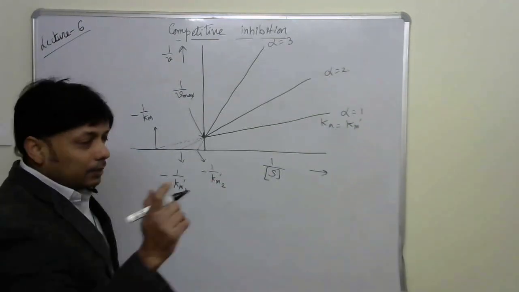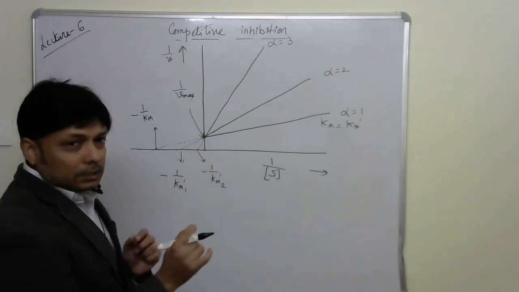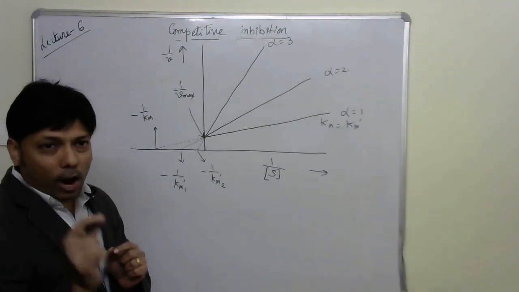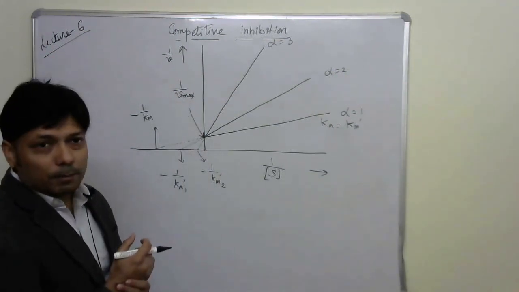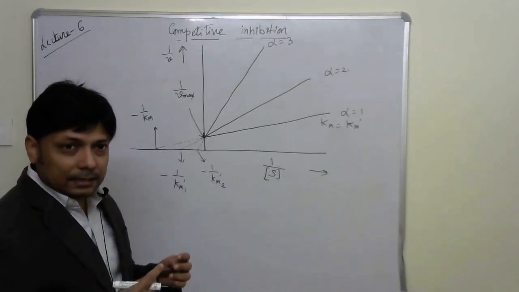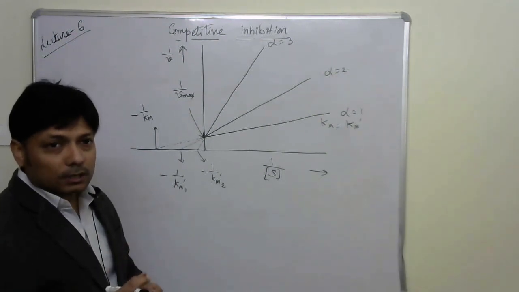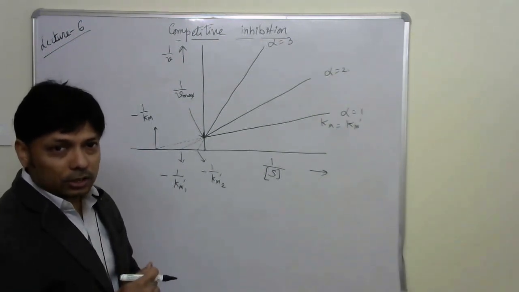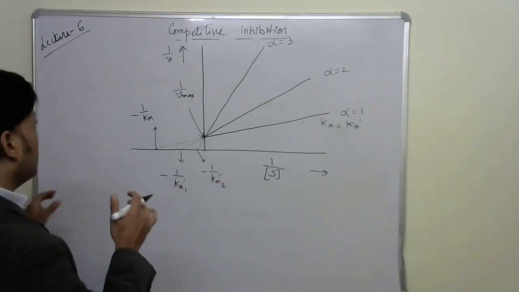One thing we have to remember is that all these graph plots have the same intercept on the y-axis, that is 1 over V, and it represents 1 over Vmax. From the Lineweaver-Burk plot, we have already seen that for this kind of competitive inhibition, Vmax remains constant. The maximum velocity doesn't change. Therefore, we can write the salient features of competitive inhibition.